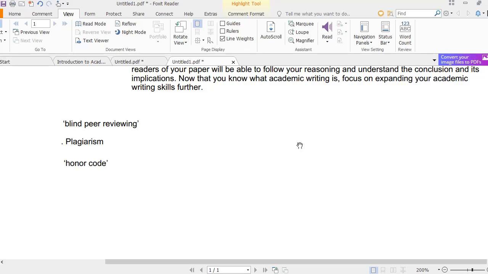At the time of enrolling for academic programs, they have to sign this agreement, and it is like a pledge taken by the students to the effect that they will uphold academic integrity and ethical behavior in all their academic activities, and they will not engage in any kind of cheating, stealing, and misrepresentation. That is what is meant by honor code.